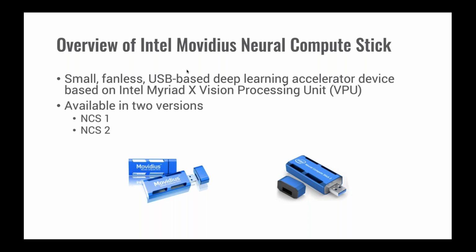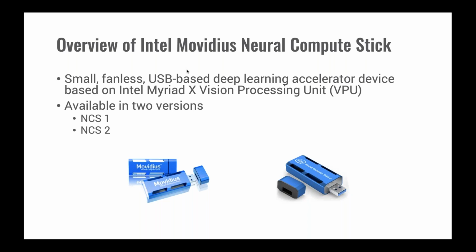And it is fairly easy to get started with NCS1. The focus for this session is basically NCS1 and its associated SDK. In one of my upcoming webinars, I'm going to talk to you about NCS2 and the software, the SDK and the toolkit associated with it, which is called OpenVINO Toolkit. But that's for some other topic and some other session that I'm going to schedule in the next quarter.